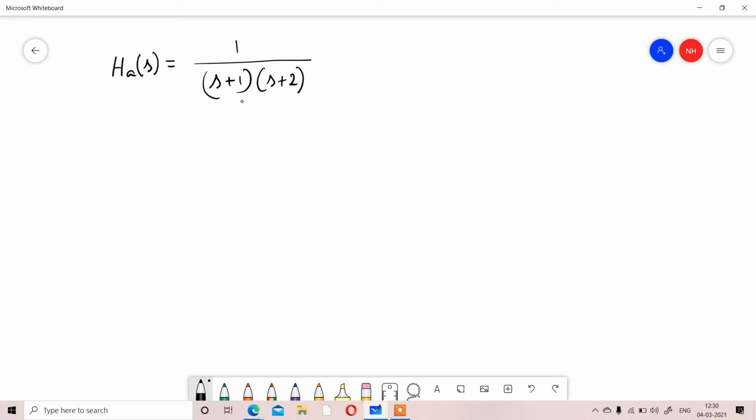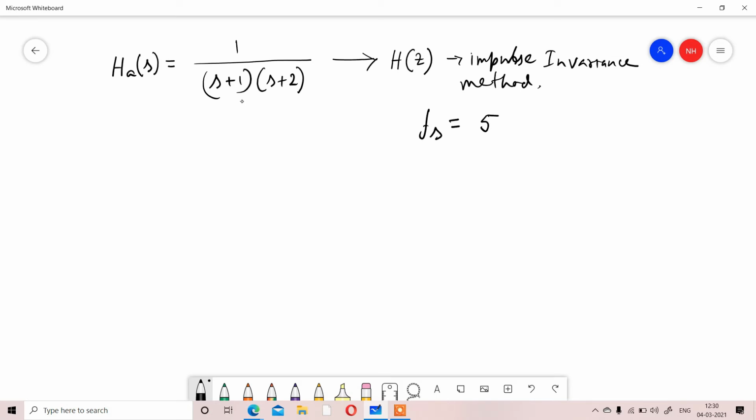You need to convert that analog transfer function into a digital transfer function, that is H(z), by considering the impulse invariance method, where Fs, the sampling frequency, is given as 5 samples per second. So that is your problem.